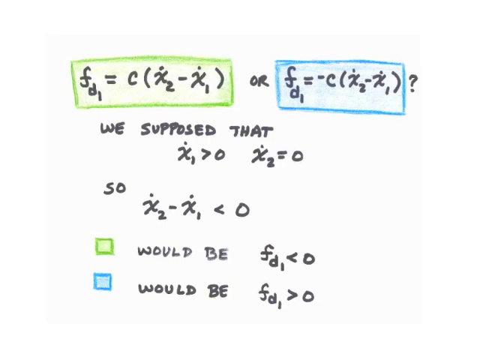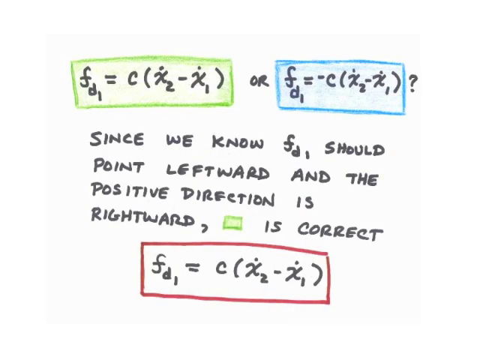So FD1 in the first case, the green box, would be negative, and FD1 in the second case, the blue box, would be positive. Now we know that FD1 should be to the left, and that's the negative direction for FD1 in our free body diagram. So that tells us that it's the first case, the green box, FD1 equals c times x2 dot minus x1 dot, which is physically correct.